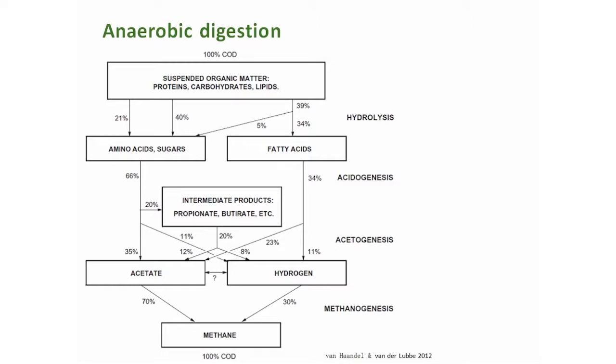To look more in detail into the anaerobic process, it is a multi-stage process. First, the bigger components in the digested bio-waste or biodegradable material are degraded to smaller molecules: lipids to fatty acids, amino acids come from proteins, and carbohydrates, polysaccharides, give monosugars.